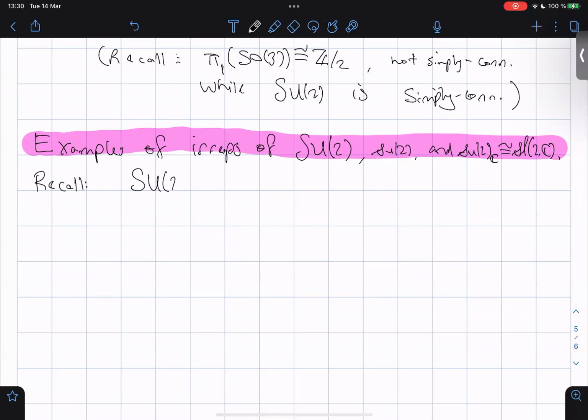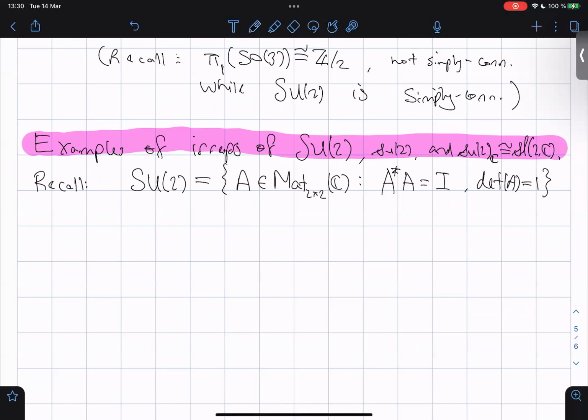So capital SU2 consists of those complex matrices such that if I take the conjugate transpose times A itself, then you get the identity. So these are unitary matrices, but you also want to add this determinant one condition. So that's the S part. You can make this explicit.